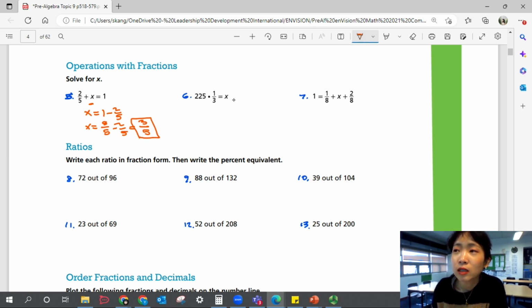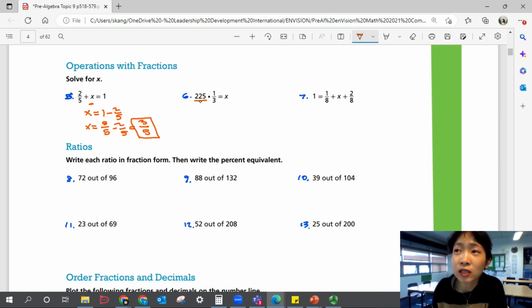Okay? Same thing, x is equal to 225 times 1 over 3. That means if you're multiplying a fraction with a numerator of 1, what does that mean? You're basically dividing it by the denominator, okay? 225 is a whole number.